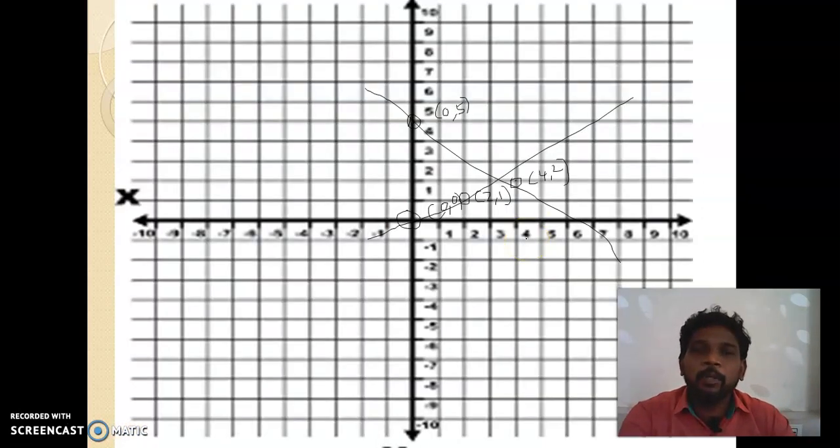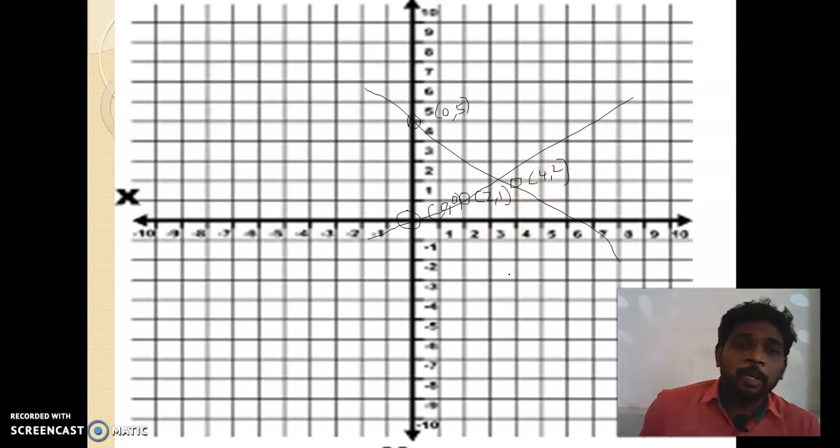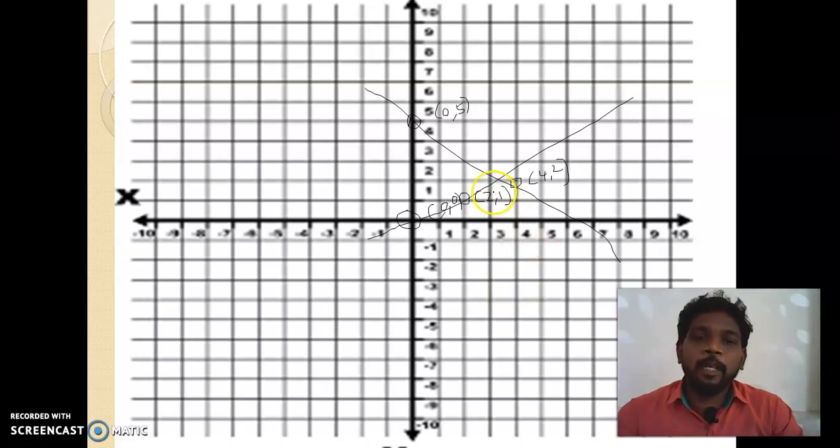So how can we find this point? Just draw exactly with the scale. Definitely it will intersect at one of the intersections of the x-axis or y-axis grid here. Okay. For example, if it intersects here, then the x value, y value is 4, 2. So you should write the intersection point here. That is very, very important. From the graph, find the intersection point.